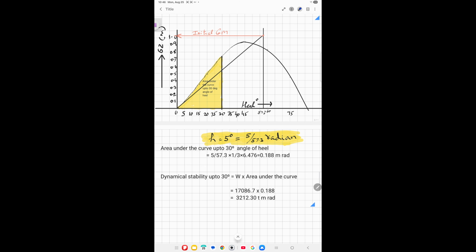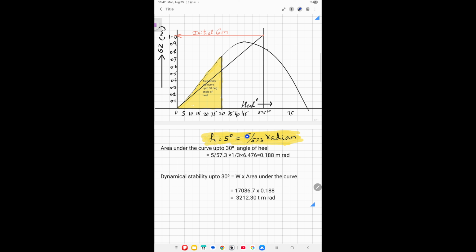Now the formula, as you know, for Simpson's rule number 1 is h by 3 into the sum of the products for the area. Now h, the common interval between ordinates, is 5 degrees. I have converted to radian by dividing by 57.3, because 57.3 degree is 1 radian.